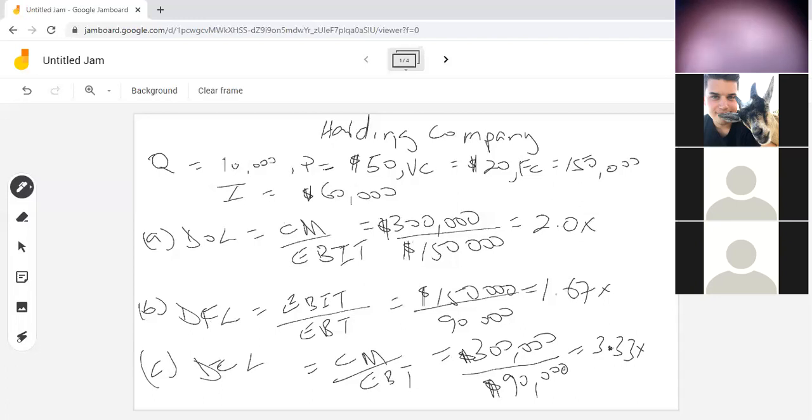And of course, we could do it by multiplying the degree of operating leverage by the degree of financial leverage. Now we won't bother to use that method this time.